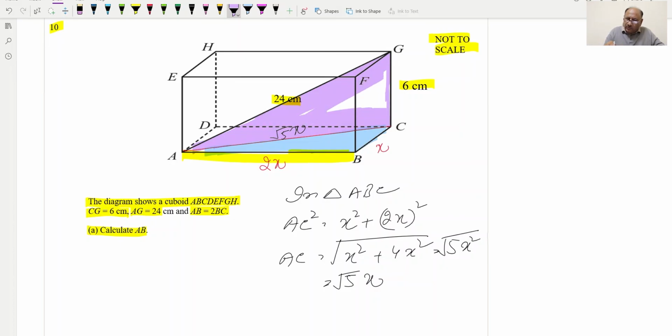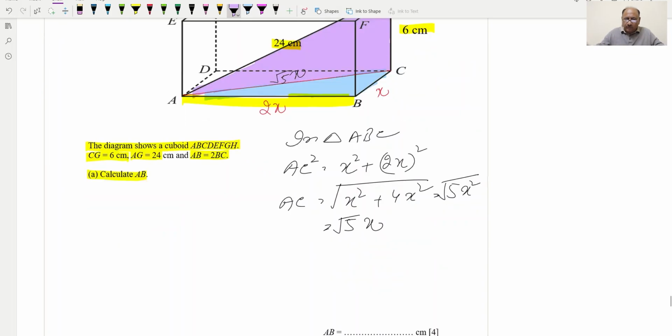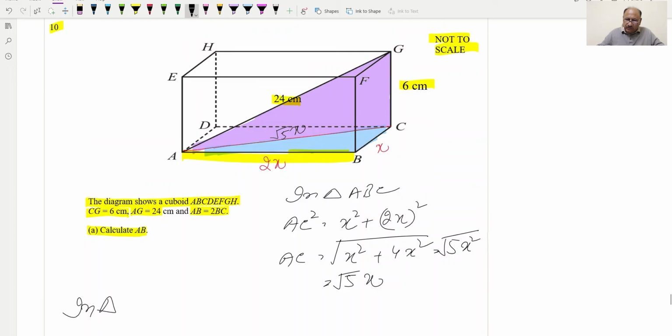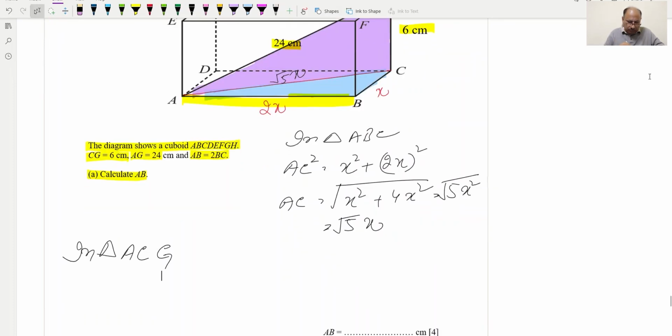We know the hypotenuse, so in triangle ACG, AG squared is equal to CG squared plus AC squared, and AG is 24.